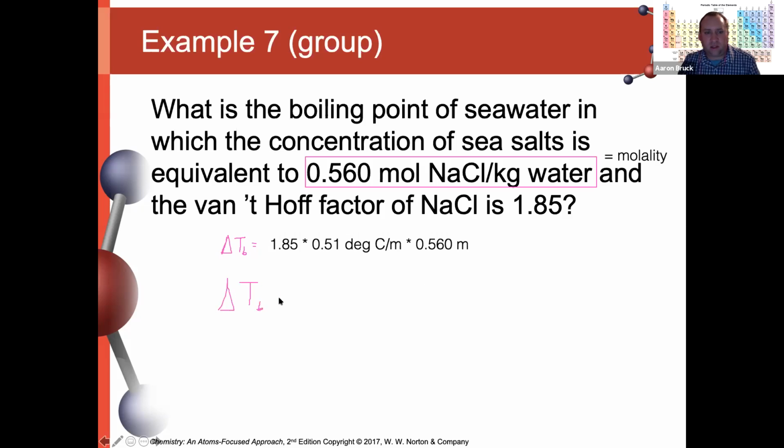Delta T_b is therefore 1.85 times 0.51 times 0.56. I get, to two significant figures, 0.53.